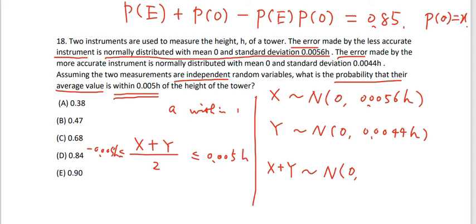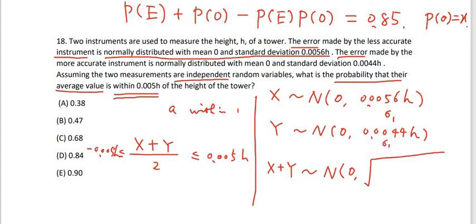The rule is that the means can be added and the variances can be added. Suppose we say sigma 1, sigma 2.